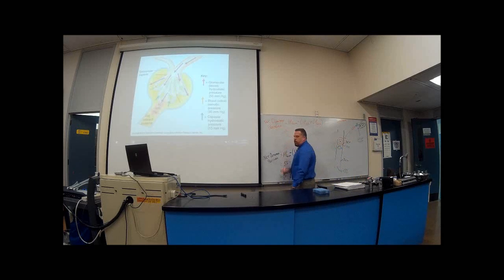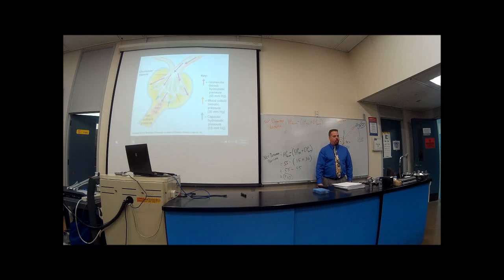Let's say the person has low blood pressure. This is the significance I want you to see. They don't have high blood pressure. They're going to have low blood pressure. So let's say instead of 55 over here, it's 30.